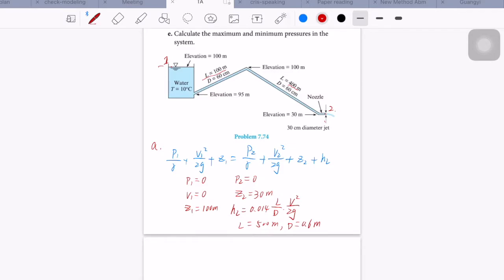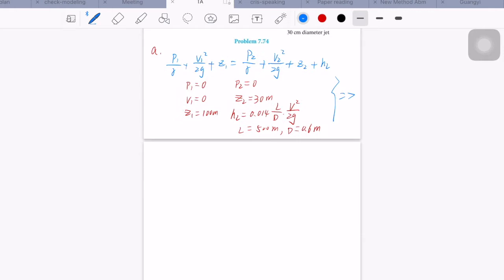So we get 100 meters equals V2 squared over 2g plus 30 meters plus 0.014 times 500 meters over 0.6 meters times v squared over 2g.